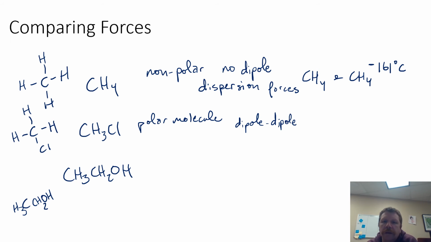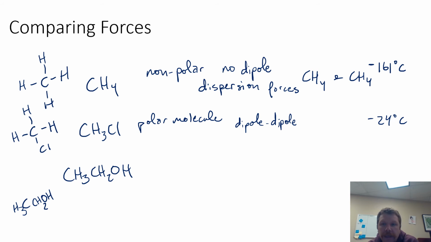The way that I think about dipole interactions is that they're a type of force that is strong, that can attract molecules to one another, but they're just not quite as strong as hydrogen bonds. And so one of the things that you see is this solution has a boiling point of negative 24 degrees Celsius.